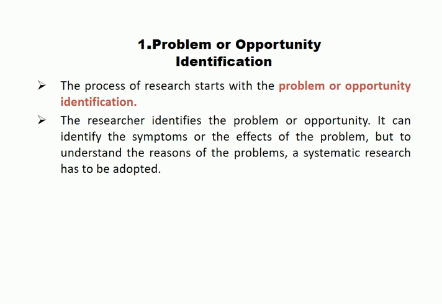For a company, for a scientific researcher, the objectives of course may be different, but the ultimate purpose which they will solve is to identify the problem, where the problem lies. For a company, declining market share can be a problem.